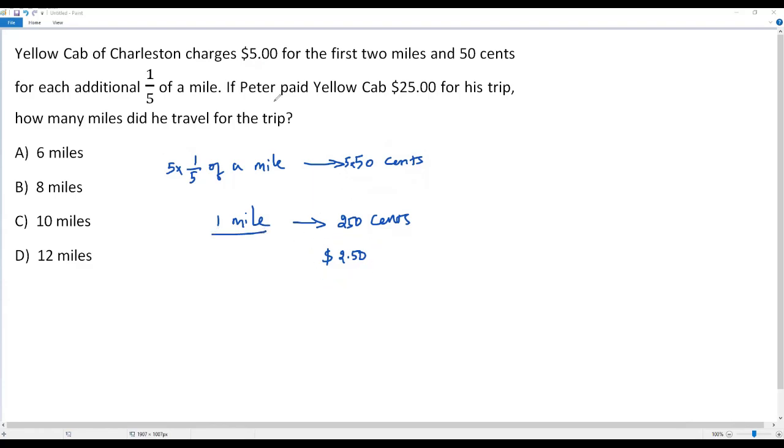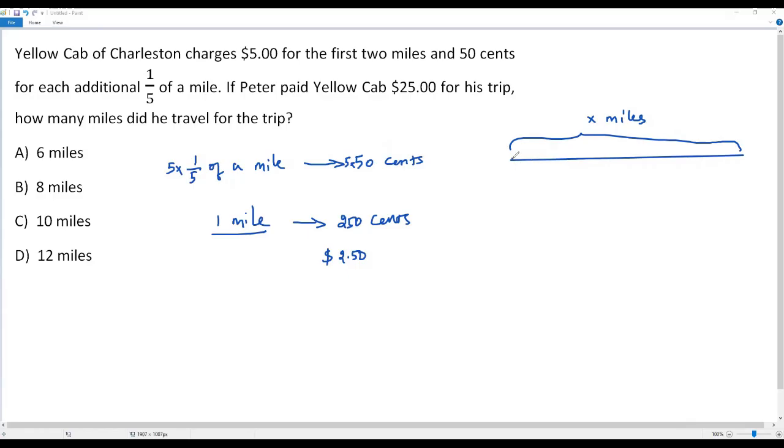Our aim is to find the number of miles Peter traveled in his trip for the total cost of $25. Now let me draw a line segment over here which represents the total distance of the trip, and let me assume x as the length of this line segment, that is, x miles is the distance of the trip.